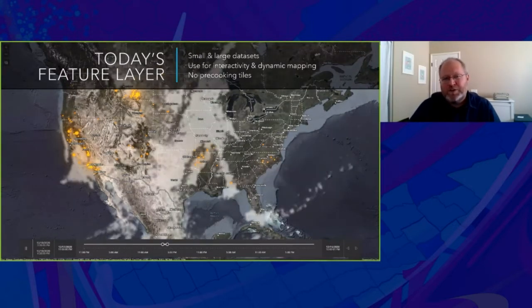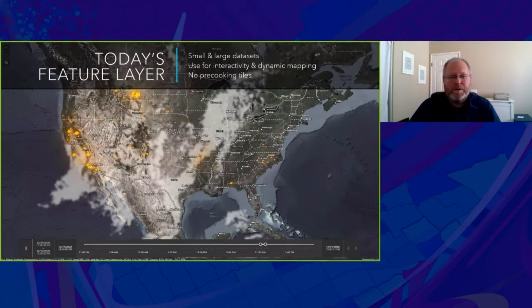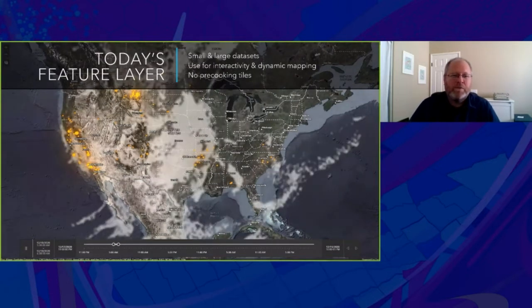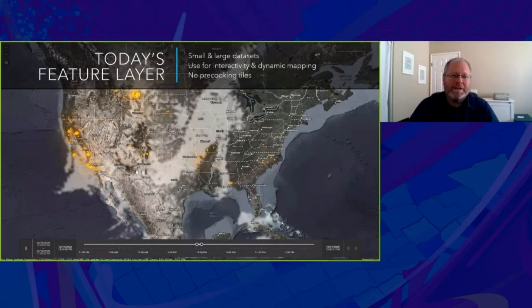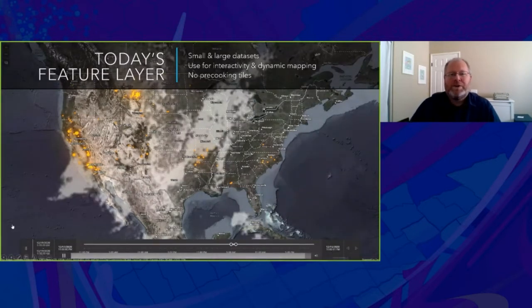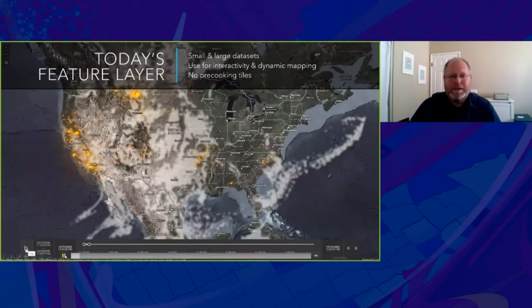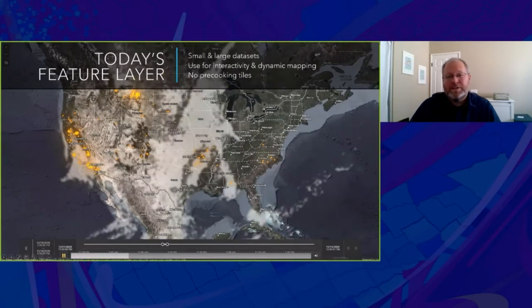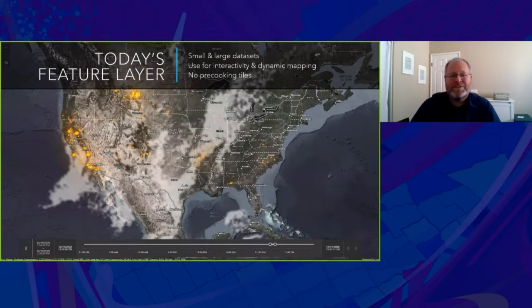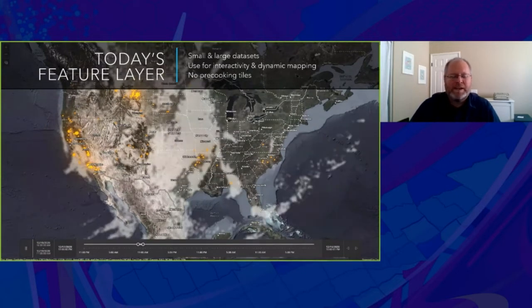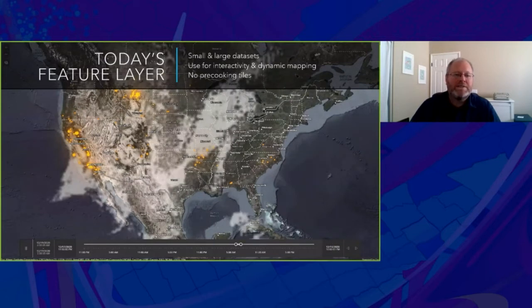Like we showed in the plenary this morning, we've been doing a lot to improve the performance, scalability, and the functionality with feature layers. These clouds moving on screen look like a raster image, but actually that's just a feature layer where we've taken advantage of some of the layer effects to blur things out and give it that cloud-based effect.